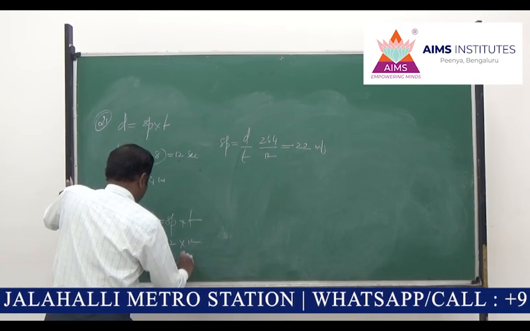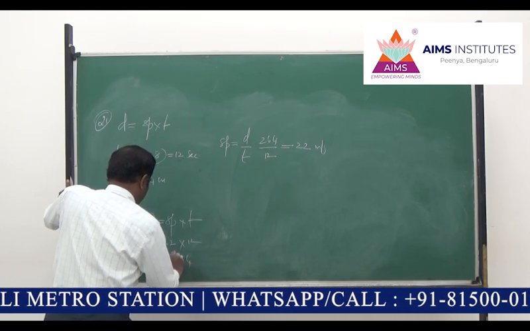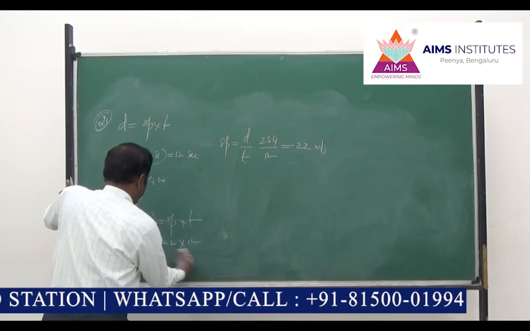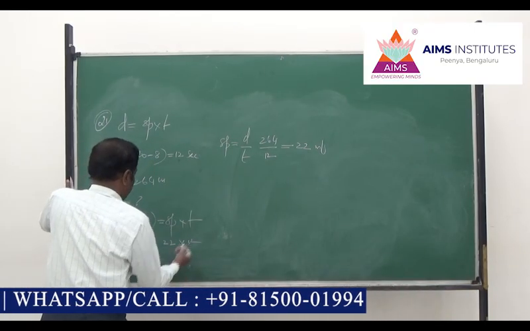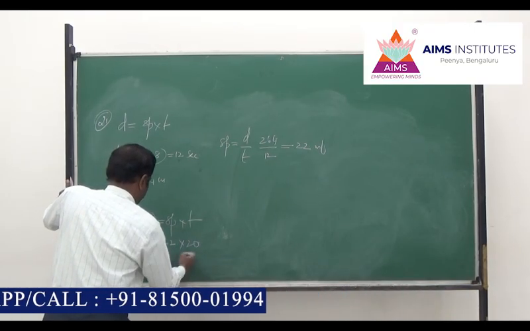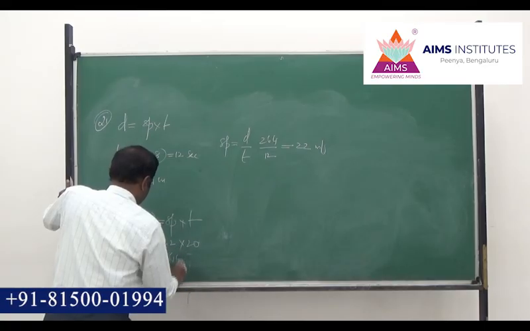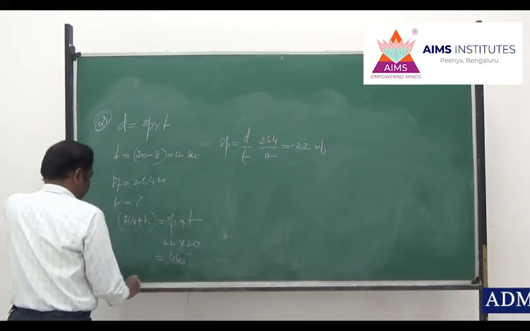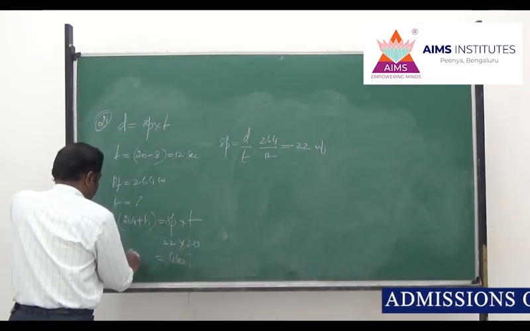It means 12 twos are 24. 2, 10, 20. 440. It means 440. We were 264.